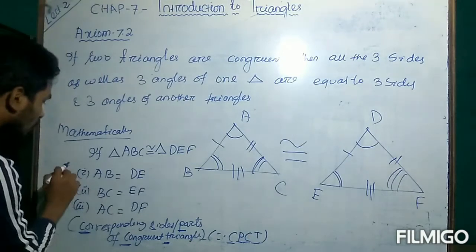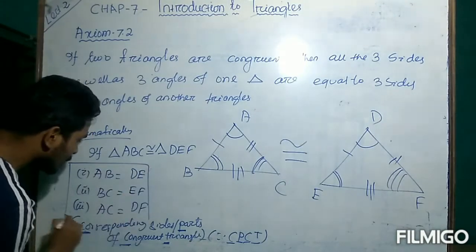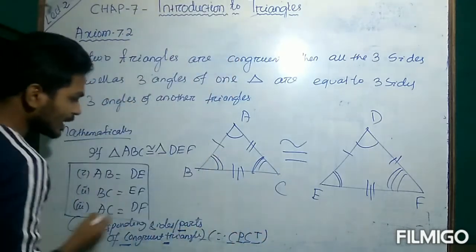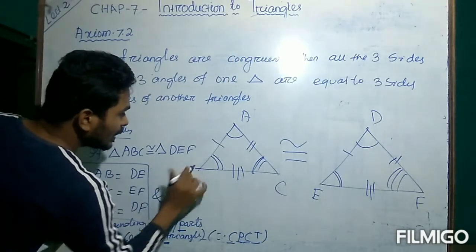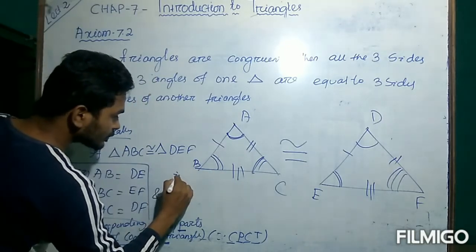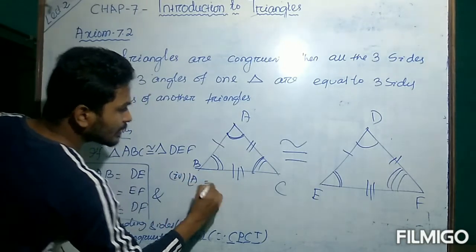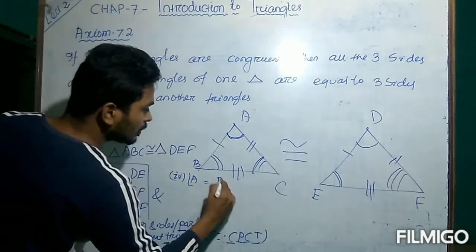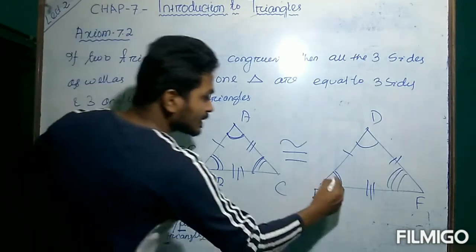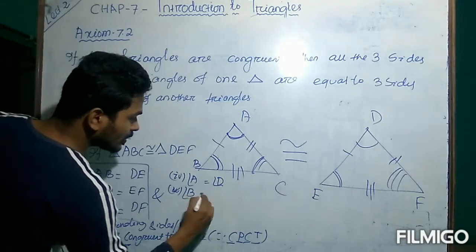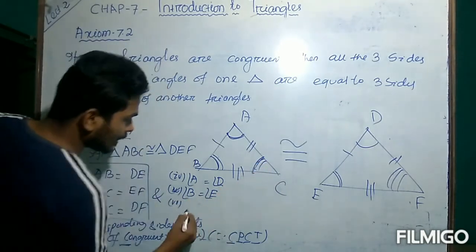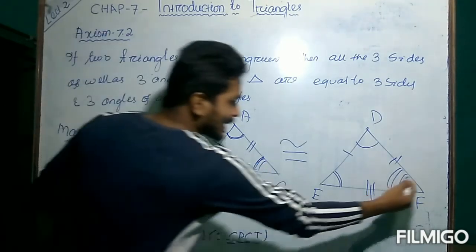Understood? So not only all the 3 corresponding sides are equal, but also the corresponding angles are equal. Okay, and this angle is equal to this angle. This angle is equal to this angle, and this angle is equal to which angle?